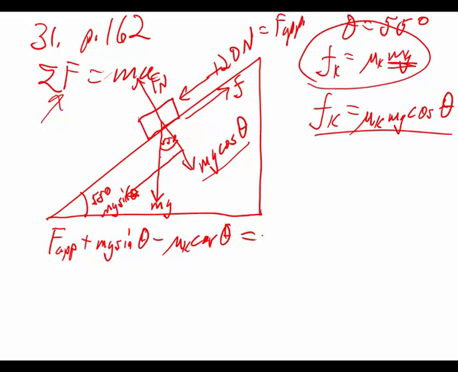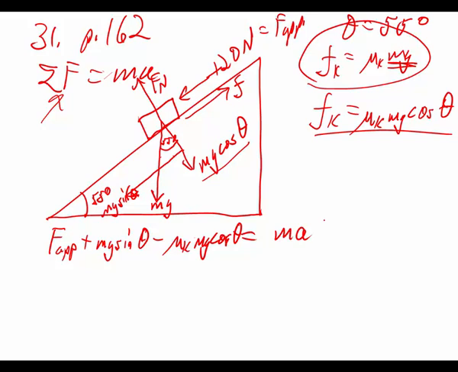Yeah, I did right there. Cosine theta, yeah, mu k. Oh, dang it. Sorry. Yes, thank you. Got in a hurry. All right, now, is equal to what? MA. Very good.